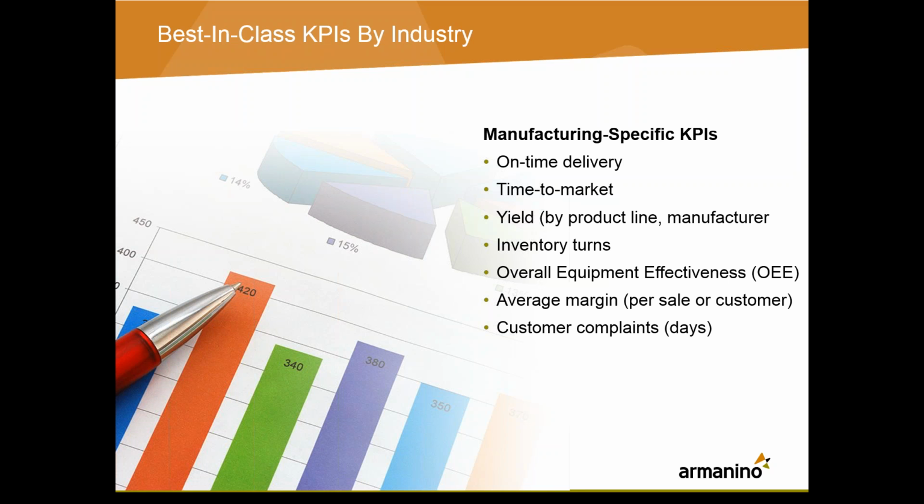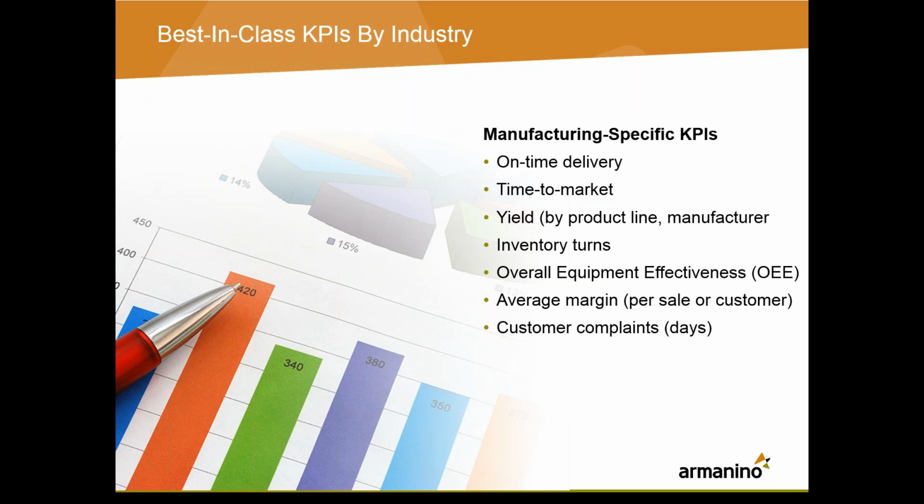Yield by product line, by manufacturer, by facility are key metrics. So you're talking about the percentage of good product versus scrap, particularly important when assessing the performance of your outside process manufacturers or contract manufacturers. Certainly inventory turns is a significant metric here. How many times is inventory sold and replaced over a period of time.